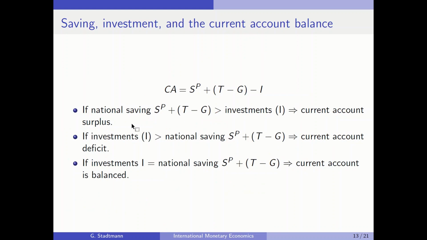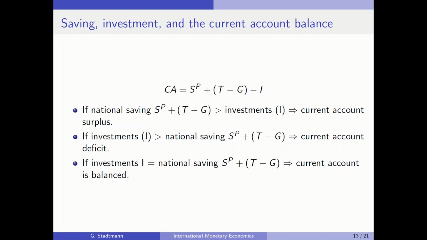So in case that national savings is larger than investment, then this country is running a current account surplus. So for example, one country which is running a current account surplus, this is Germany. Also China. China is also running a current account surplus because of the fact especially that private savings is very, very high in China. If, however, investment is larger than national savings, then the country is running a current account deficit.